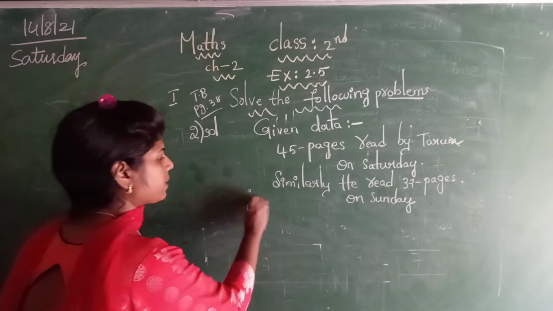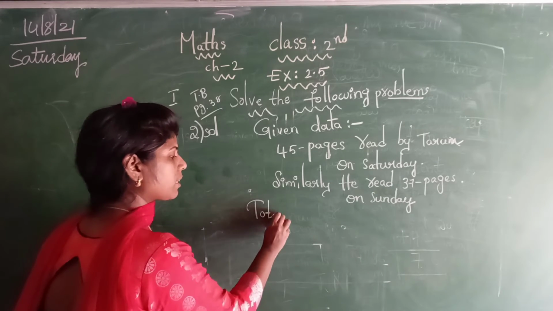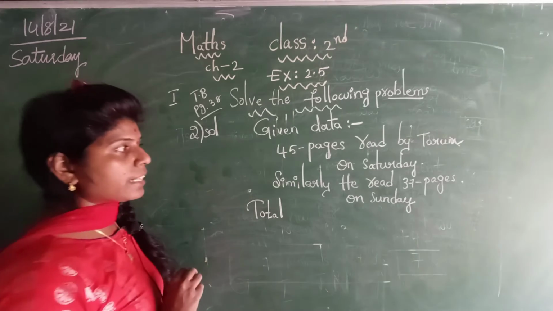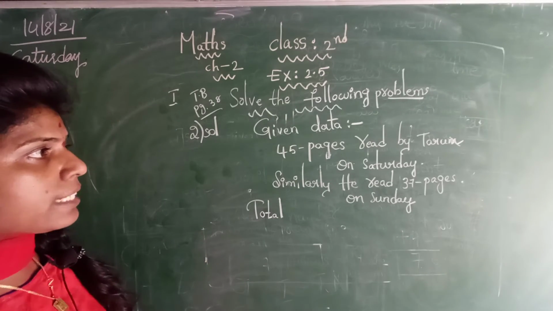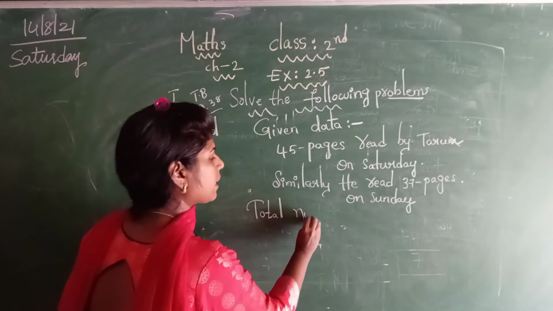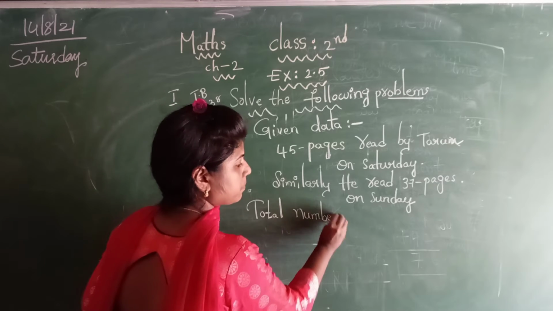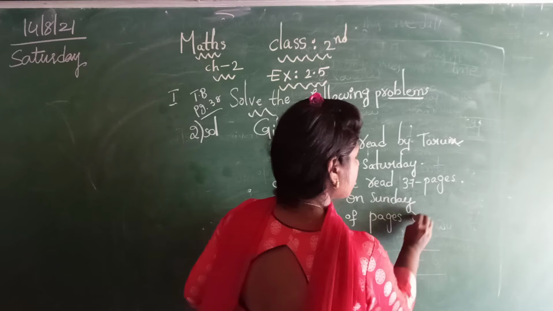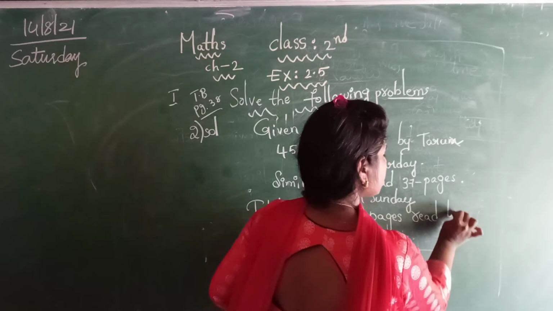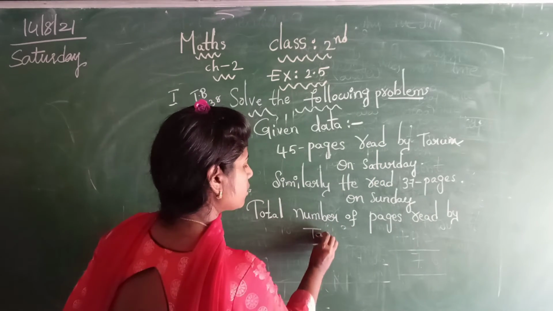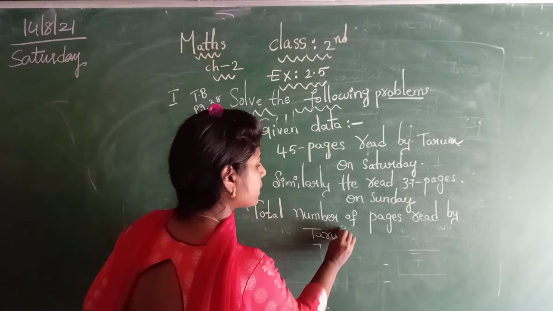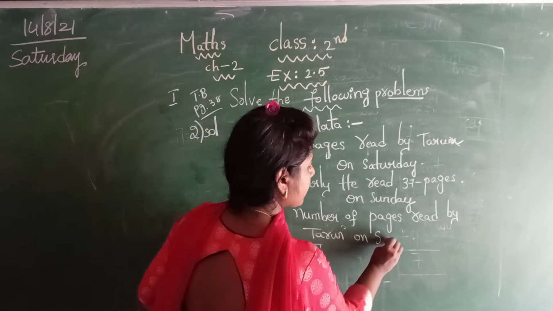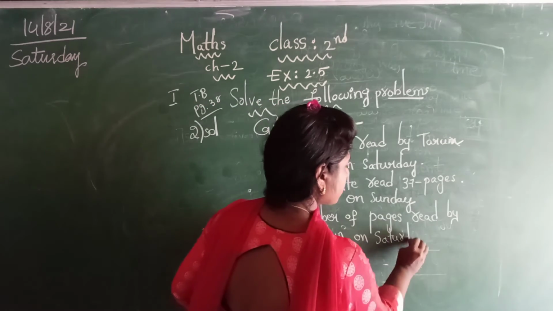Total number of pages. How many pages did he read in the 2 days, Saturday plus Sunday together? Total number of pages read by Tarun on Saturday and Sunday is.